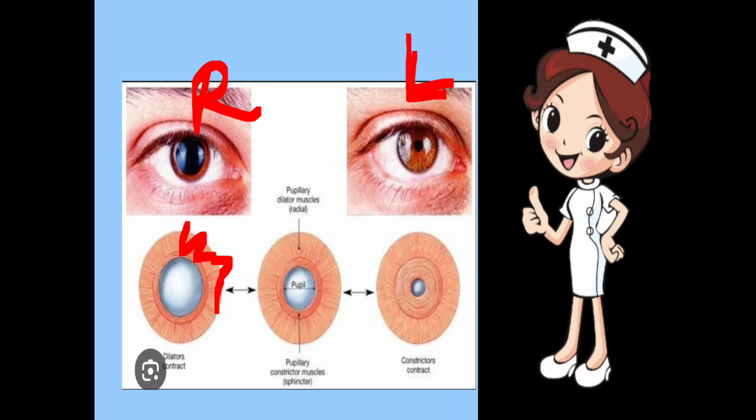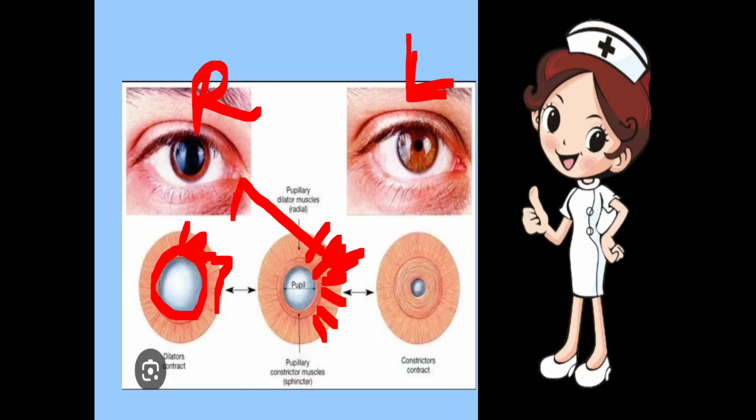Two types of muscles are present here. These are the circular muscles, and those are the radial muscles. The pupillary dilator muscles are the radial muscles. These muscles help to dilate the pupil. The next ones are the constrictor muscles. These circular muscles are the constrictor muscles.